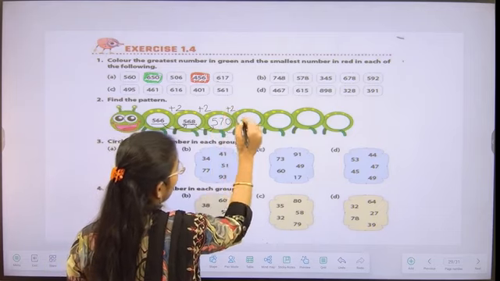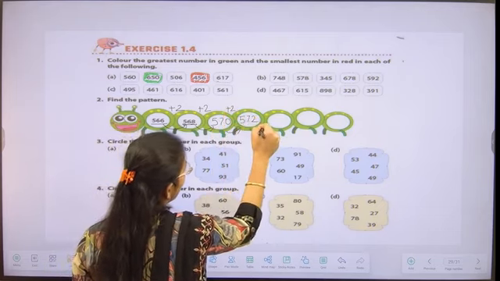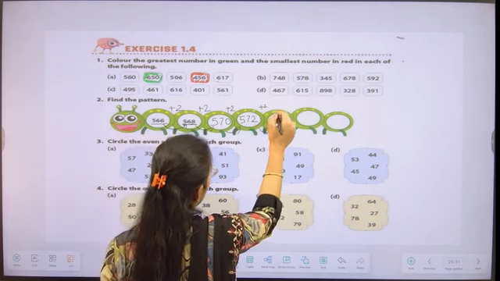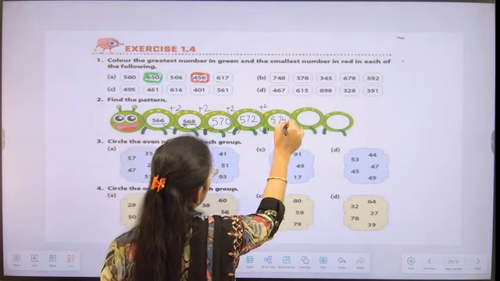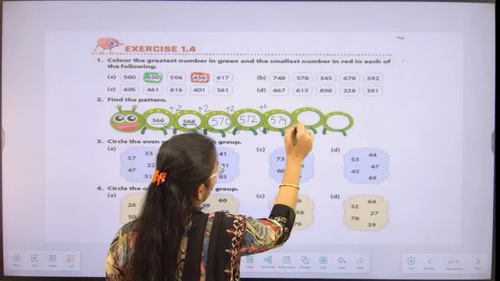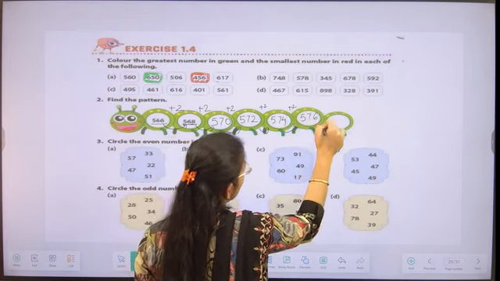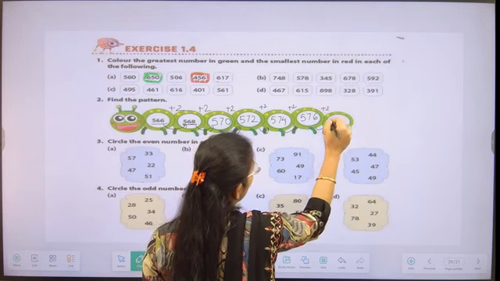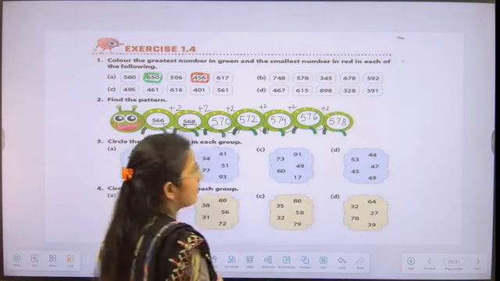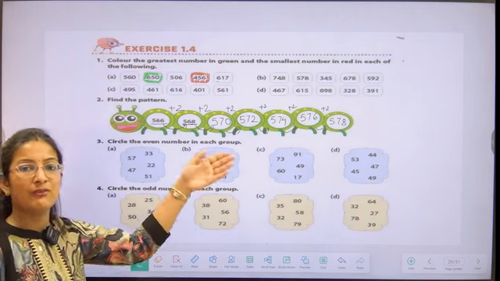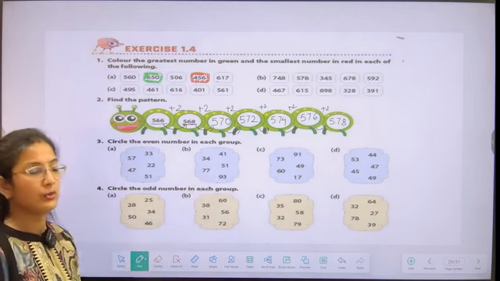Now if I again add 2, I get 572. Again adding 2, we get 574. Again adding 2, we get 576. Again adding 2, we get 578. With this, we are filling our pattern, students.